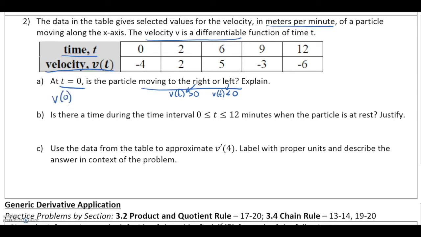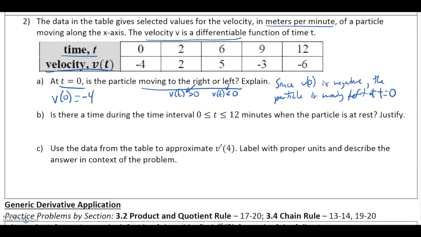Thinking about v of 0, which we know from the table is -4. So since v of 0 is negative, the particle is moving left at t equals 0.